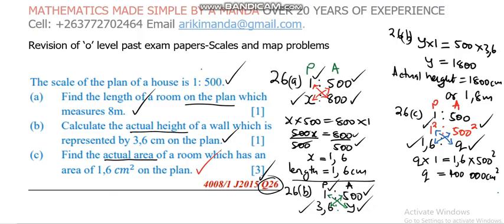So our answer, we can now say, actual area is equal to 400,000 square centimeters. If they ask us to convert the area into square meters, we simply divide by 10,000, because in a square meter there are 10,000 square centimeters. So we can say 40 square meters. This will be the answer.